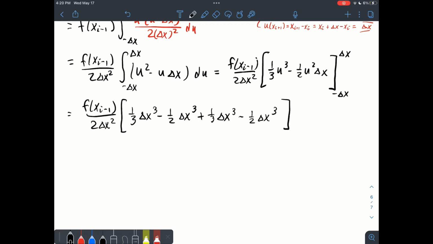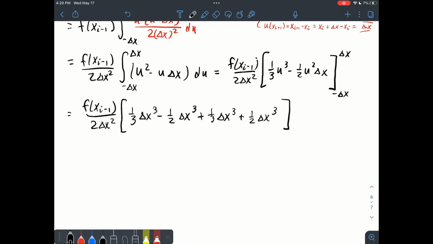Okay, so what do we have here? I'm going to double check my math, make sure this is right. We have a minus there. I'm just going to make it, oh no, this is a plus.